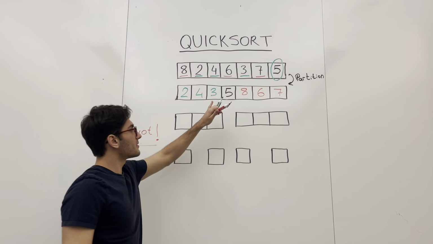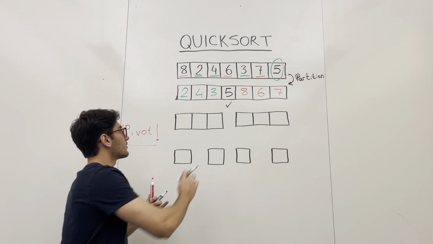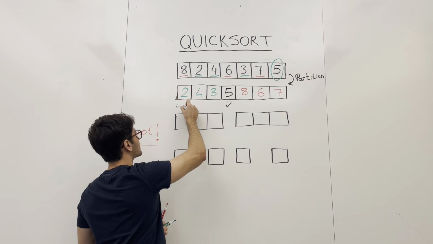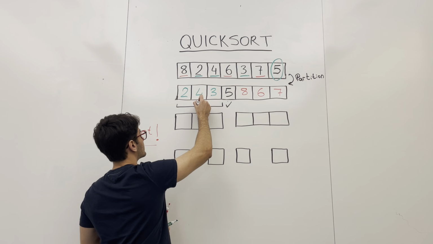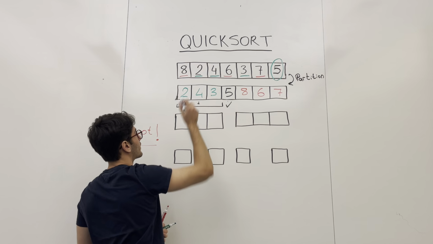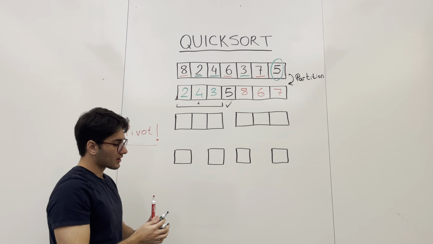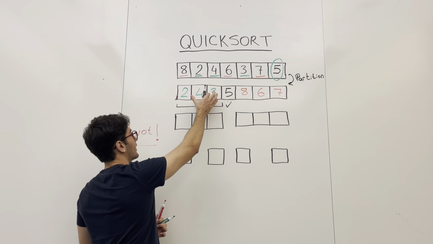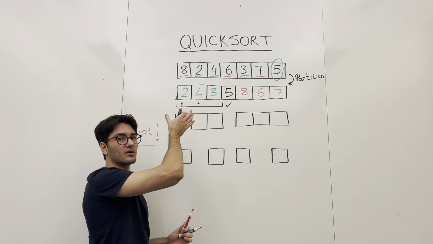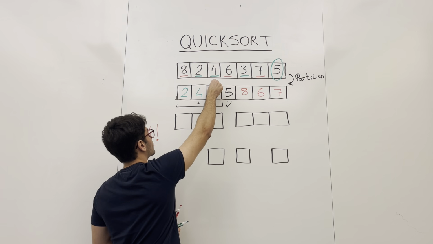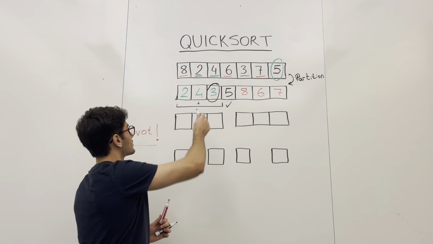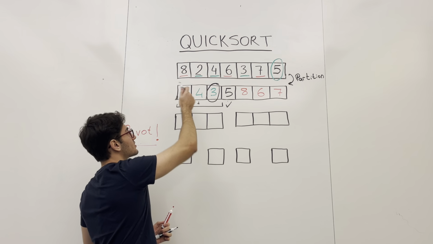And we're going to keep repeating this process. We know the correct position for 5, and now we want to focus on this subarray: 2, 4, and 3. We're going to pick the pivot point in that array, and we said we're always going to pick the rightmost element. So we pick 3 as our pivot element, and see which elements are greater than 3 and which are smaller.